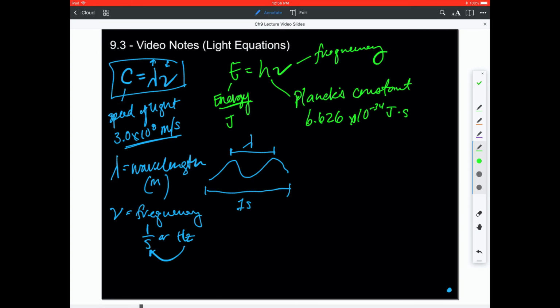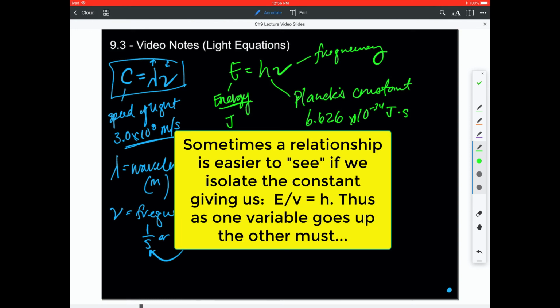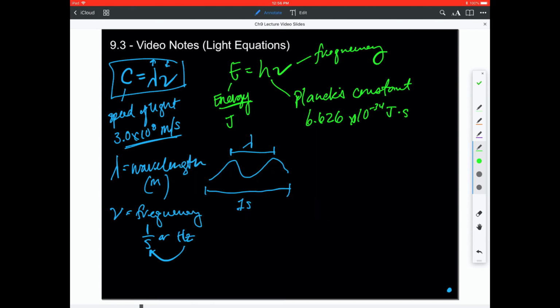Again, it is a constant, which means it doesn't change, which means you memorize it and then you always know it, which means that now we can also deduce a relationship between E and nu. And what is that relationship? They are directly proportional. As one goes up, the other one must go up if Planck's constant is to remain constant.